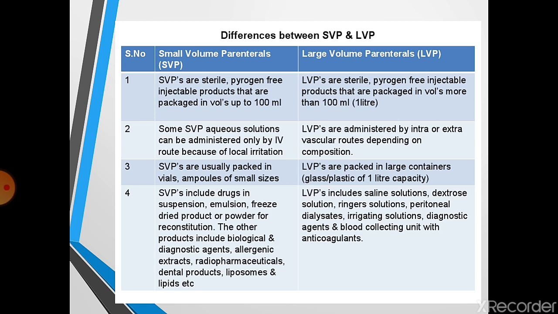Large volume parenterals include saline solutions, dextrose solution, Ringer's solution, peritoneal dialysate, irrigating solutions, diagnostic agents, and blood collecting units with anticoagulants. Whereas small volume parenterals include drugs in suspension, emulsion, freeze-dried products, or powder for constitution.